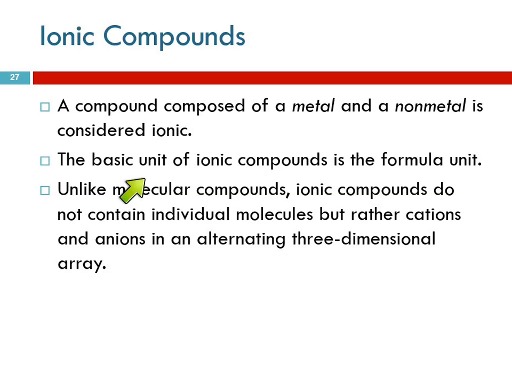The basic unit of ionic compounds is not molecules, it's a formula unit. So these ionic compounds don't actually form molecules. You could really think of an ionic compound as being one ginormous molecule.